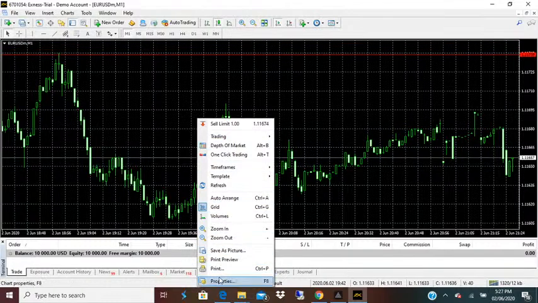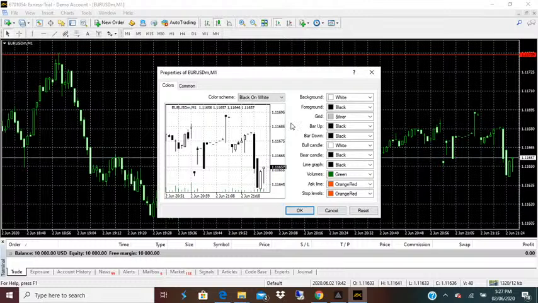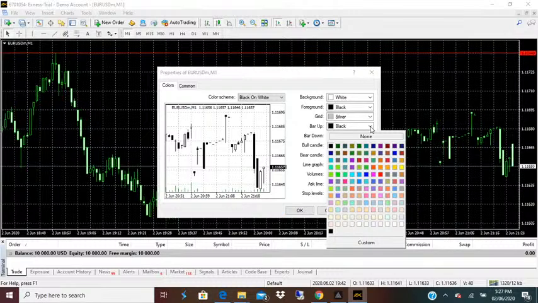And you can also change the color system for yourself. So for example, I want to make my candles red and green, all right? So my green candles will be up.